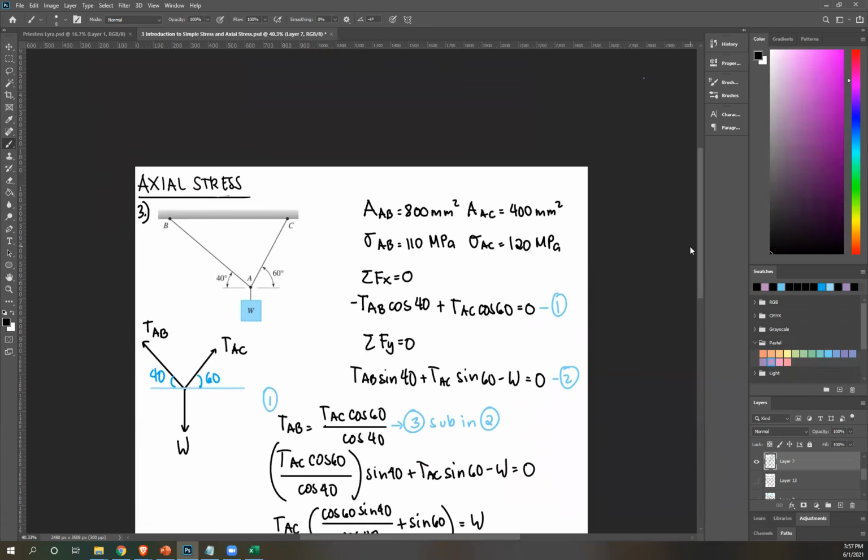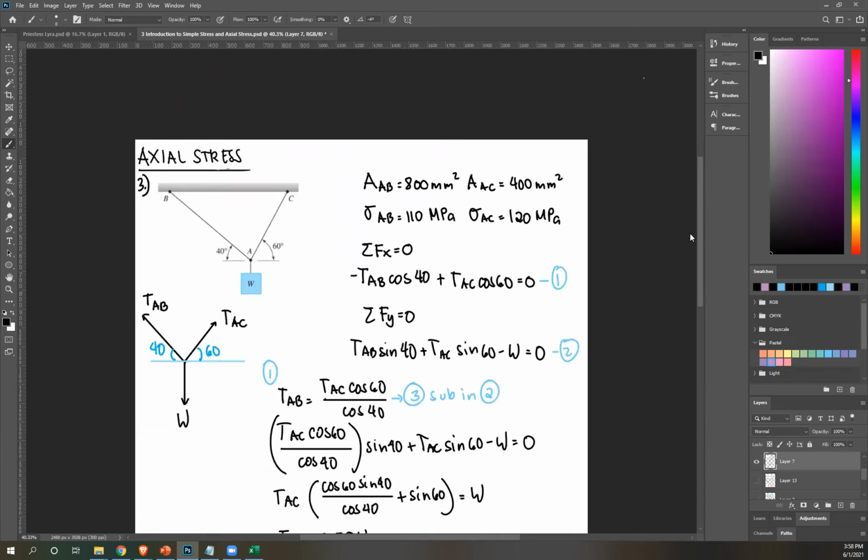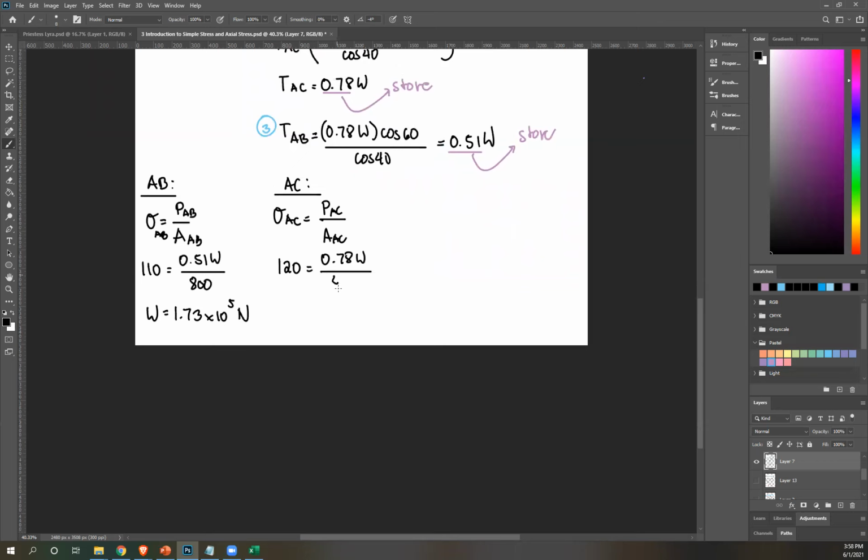What's stress AC? 120 and area is 400. 120 for stress, PAC. Let's look at the equation. 0.78, once again, use the stored value. 0.78 W over area, which is 400. Please solve what's W here.